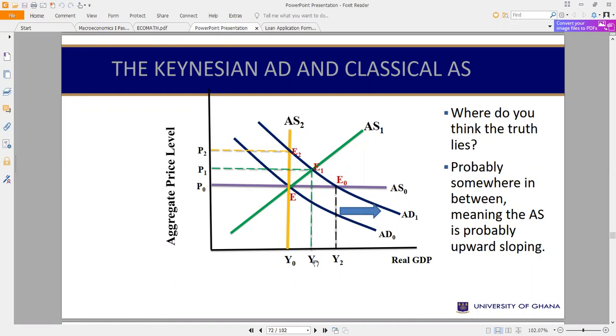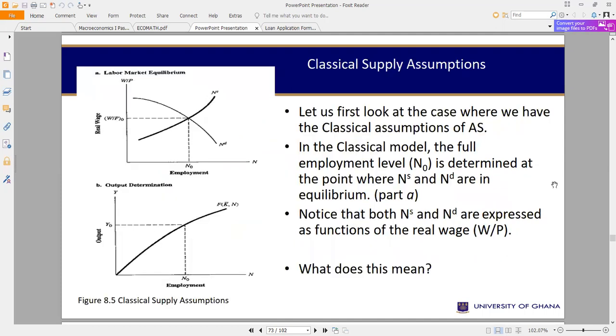So you see that the effects differ depending on the assumption that we are making about the AS curve. So we are not getting a consistent effect. Whatever we get will depend on whether AS is horizontal, vertical, or slopes upwards.